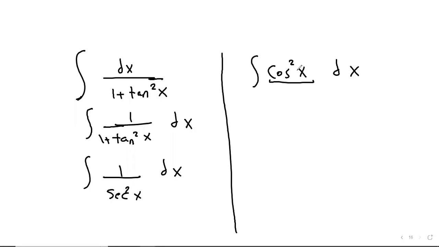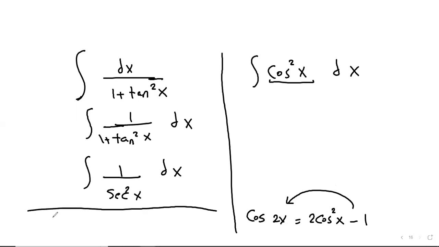Okay, so let's go to the rule we have studied in trigonometry, which is cosine 2x. As you know, it's 2 cosine squared x minus 1. We can move this 1 to the other side. So 1 plus cosine 2x is equal to 2 cosine squared x.